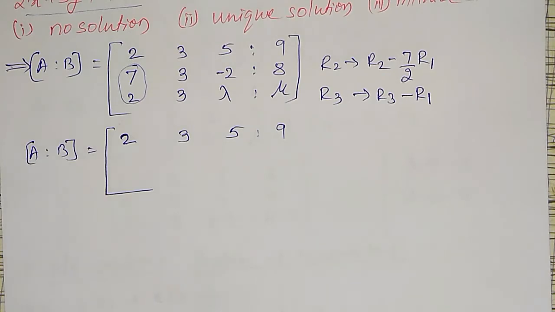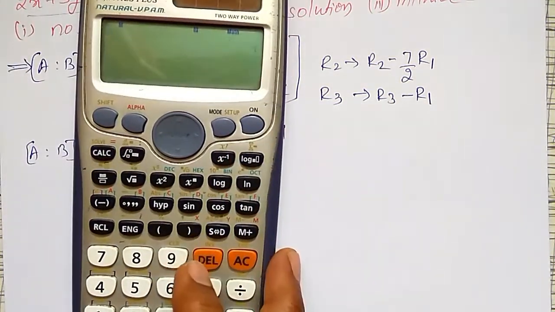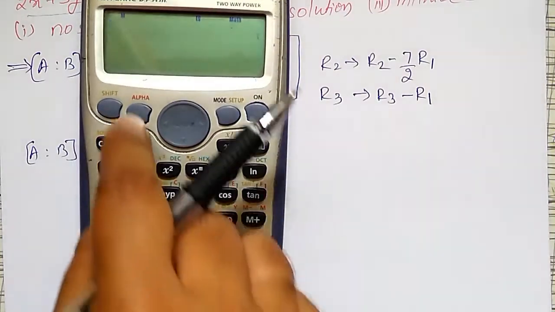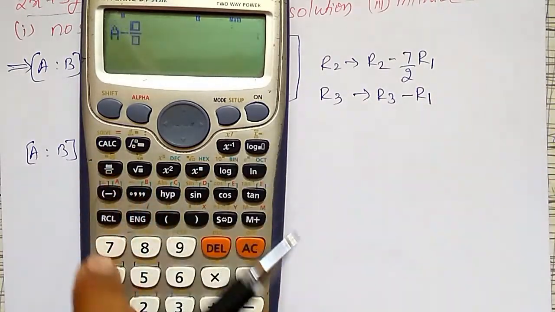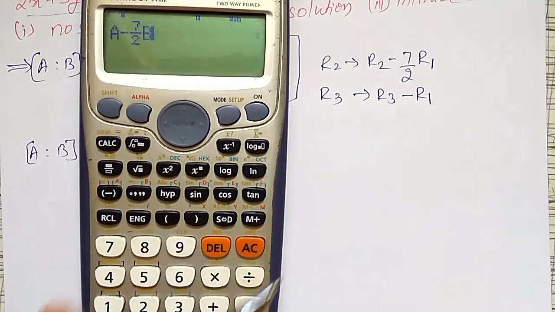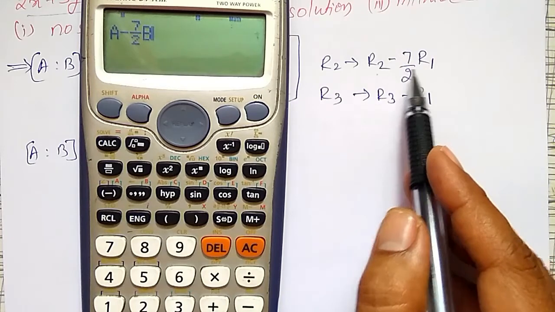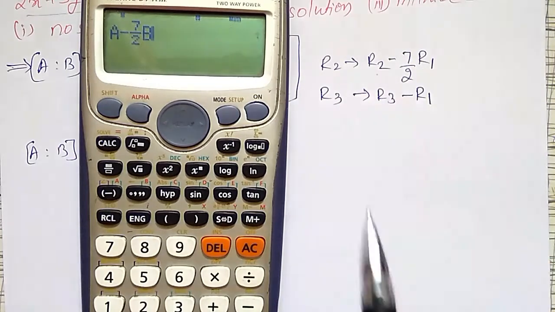To apply that row operation, let me use the calculator so that it will not cause confusion. I will take 7 divided by 2 into alpha B, that is R2 minus 7 by 2 times R1. Therefore A represents R2 and B represents R1.